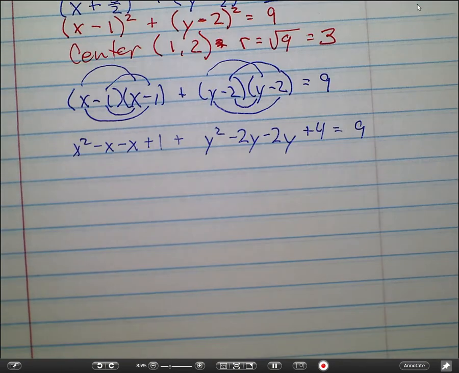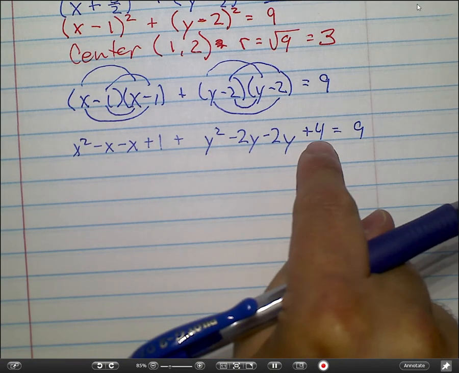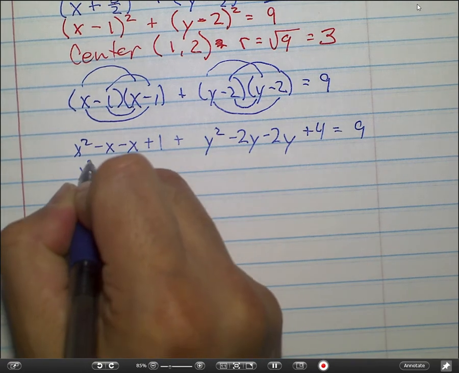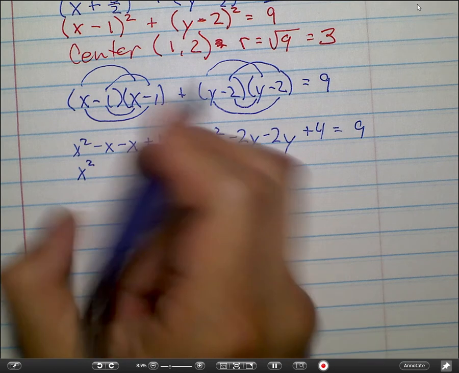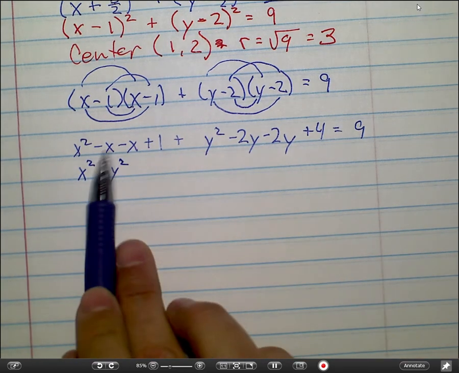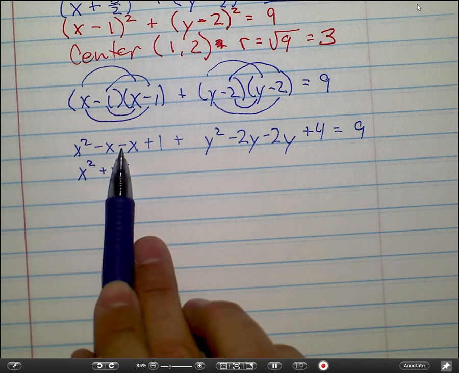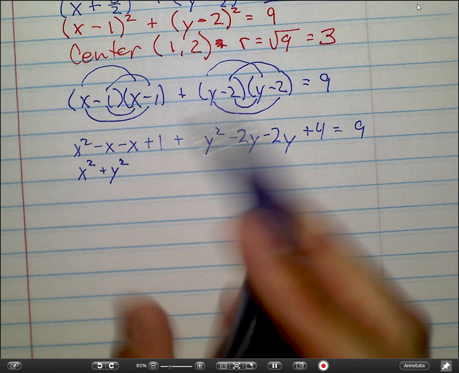Let's move this up. Now let's combine like terms. So now I have x squared, and then y squared here, y squared plus y squared. Now, how many x's do I have right here? 2. So what would I write? Negative 2x, because it's a negative 1, negative 1, so it's negative 2.